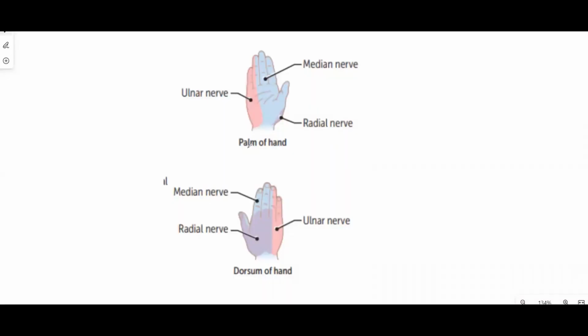In this picture, I am highlighting the areas of the hand that are supplied by the different nerves. For example, the median nerve: this is the palmar surface of the hand. The lateral 3.5 fingers are supplied by the median nerve, and this thenar eminence is also supplied by the median nerve.